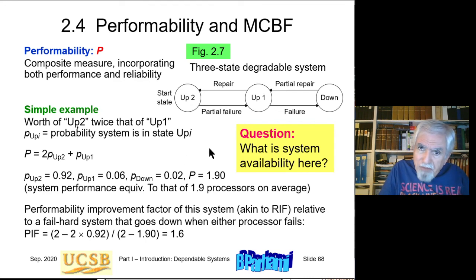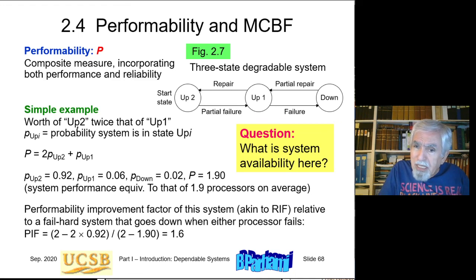They're sometimes called fail soft. So in this particular system, there are 2 up states and 1 down state. The system starts here in up 2 state, and then perhaps something happens. Let's say it has 2 processors that are working, and one of those 2 processors fails, and the system goes into a degraded mode of operation with just 1 processor.